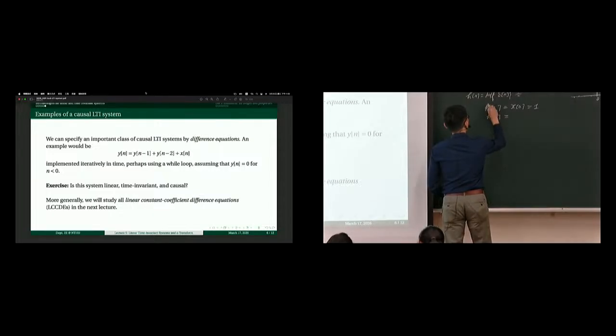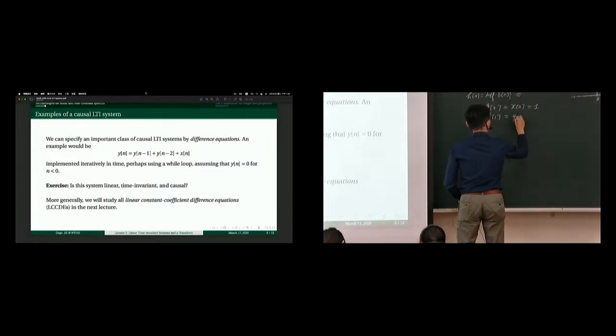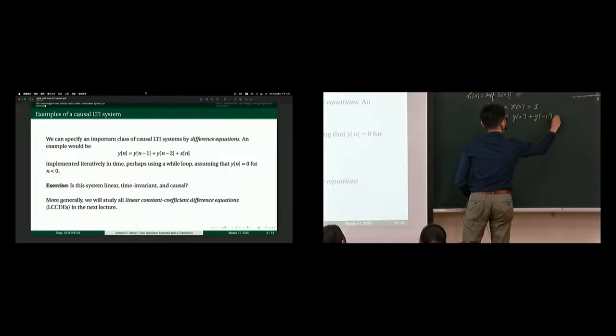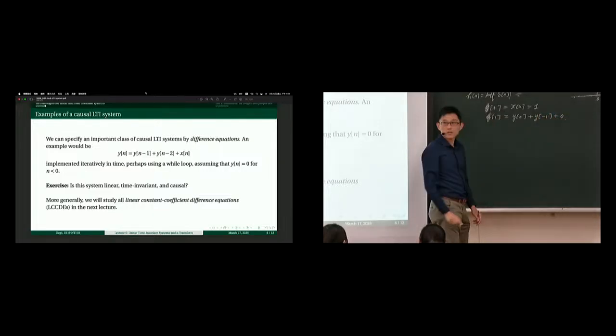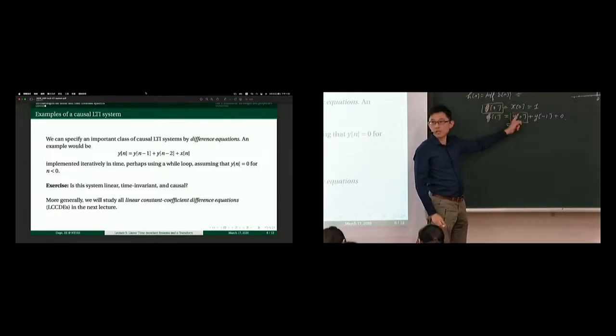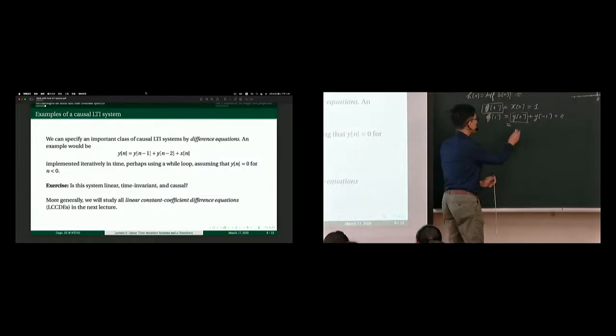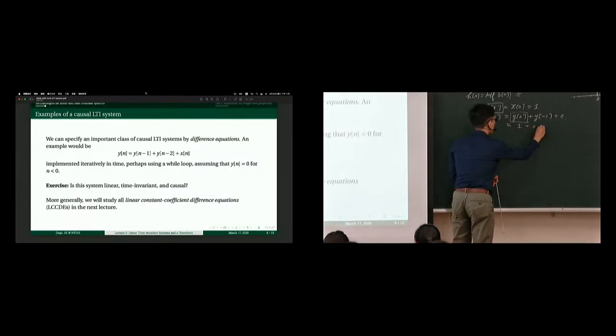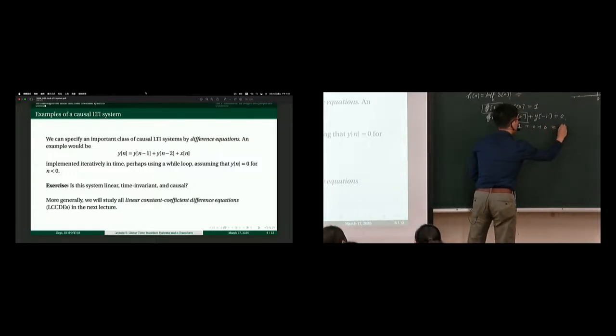Let me say y[1] equals y[0] plus y[-1] plus 0, because now there's no input, if x is delta. Repeatedly, we will be using this equation. Now y[0] is right here on the right-hand side. So we get 1 plus 0 plus no input, which is still 1.